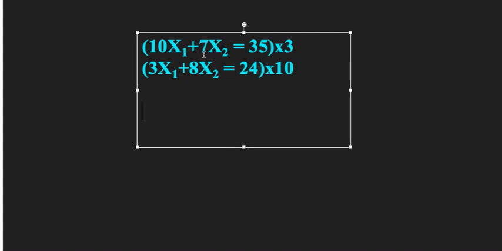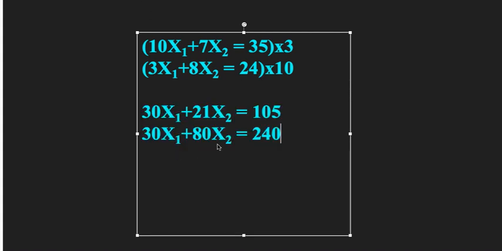So the first equation will become 30x1 plus 21x2 is equal to 35 into 3, which is 105, right? And this will become 30x1 plus 80x2 is equal to 240. So we are going to write down the same here.